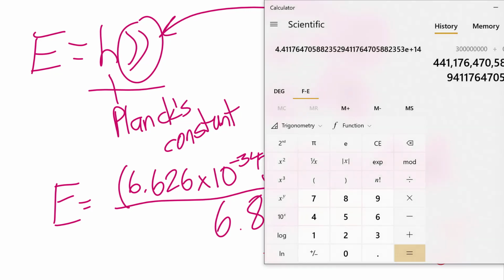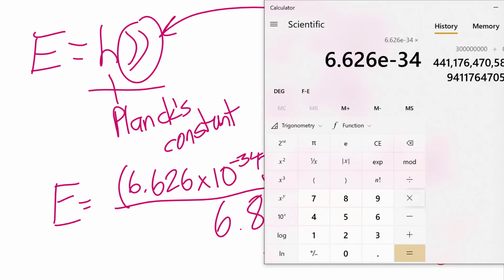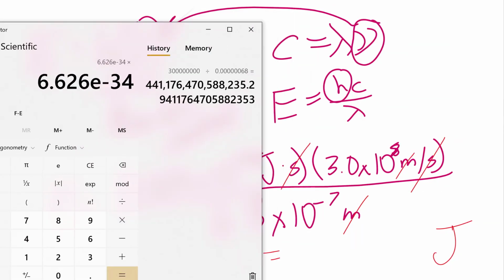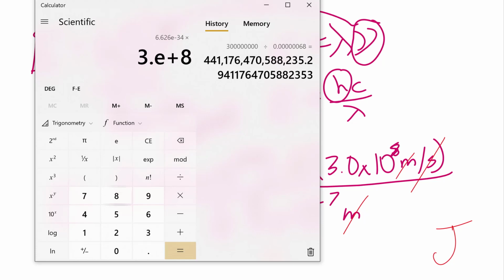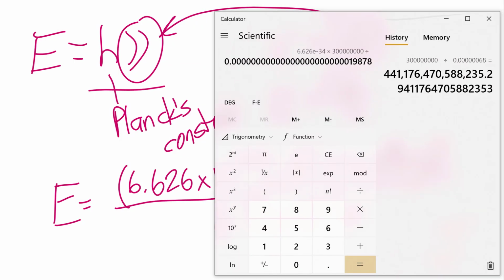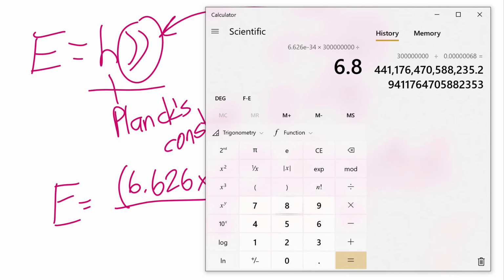So now I'm going to type it into my calculator. Clear it. 6.626 times 10 to the negative 34 times 3 times 10 to the 8th meters per second divided by 6.8 times 10 to the negative 7.